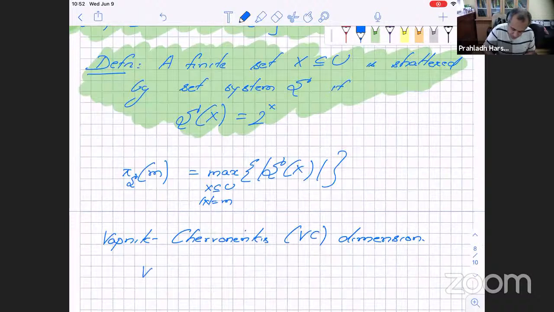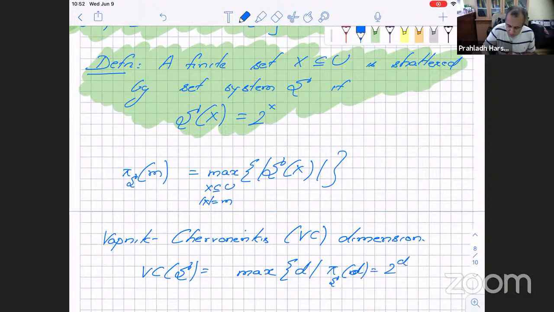The VC dimension of a set system is the maximum d such that pi s of d is equal to 2 power d.